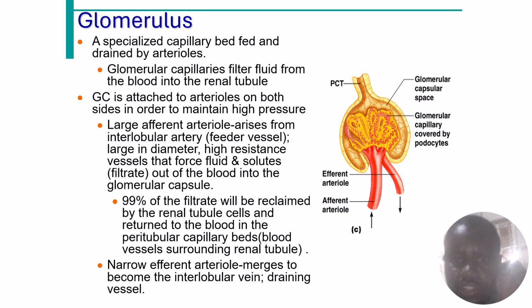The afferent arteriole is wider than the efferent arteriole. This ensures that there is high pressure of blood that goes into the glomerulus, and there is less drainage of this blood out of the glomerulus. This ensures sufficient filtration of the blood, so that at least 1.5 mL of blood is filtered per minute.